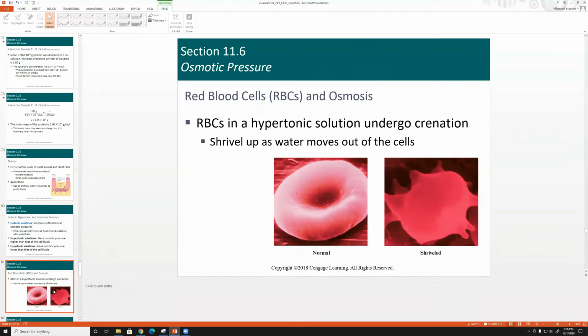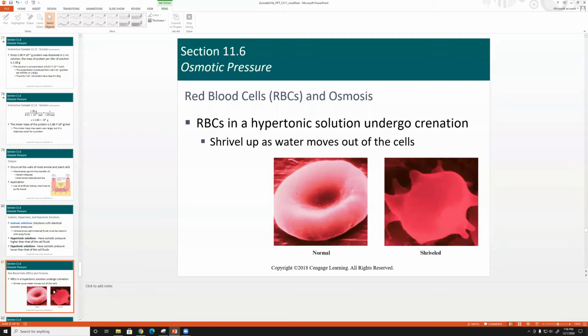So here's our example, hypertonic. When you have a hypertonic solution and you have a cell, the water will flow out of the cell. The reason is that in hypertonic, the concentration of the outside solution is higher.